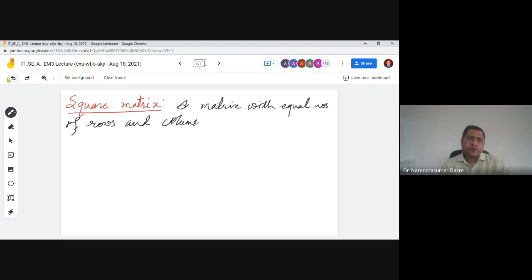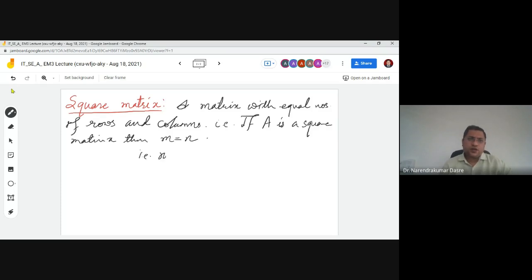If A is a square matrix, then we have the standard notation M is equal to N. We use M for the rows and N for the columns.